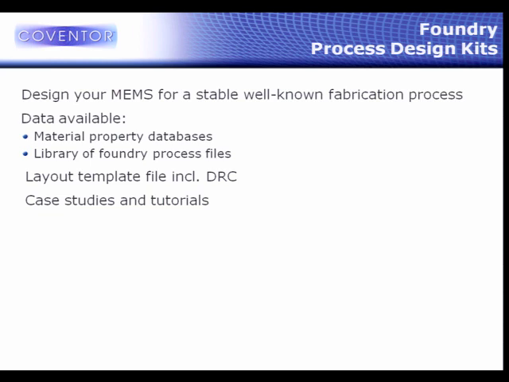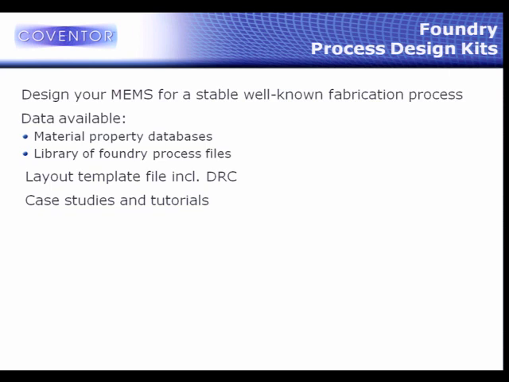For each one, the data is available as a material property database that we've worked with the foundry to validate, and a process file. Some foundries have more than one process and variations on a process, so you'll find them. These are documented in our documentation.